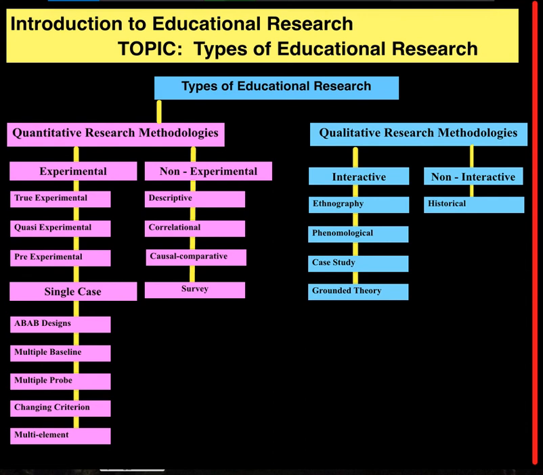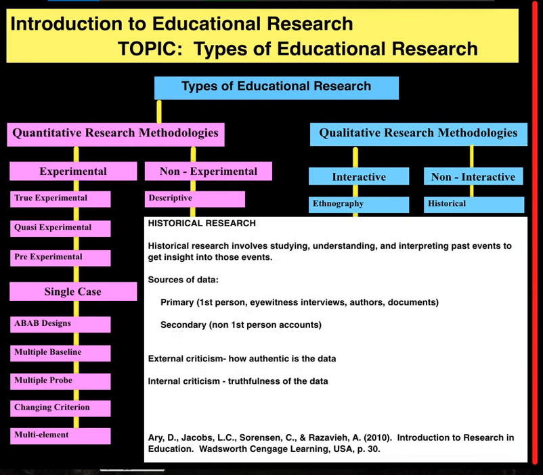Then under the qualitative research methodologies, we have non-interactive research, and an example of that is historical research. Historical research involves studying, understanding, and interpreting past events to get insight into those events. There are two sources of data: primary data, which would be like first-person eyewitness interviews, talking to authors, collecting real documents, and secondary, which would be non-first-person accounts.